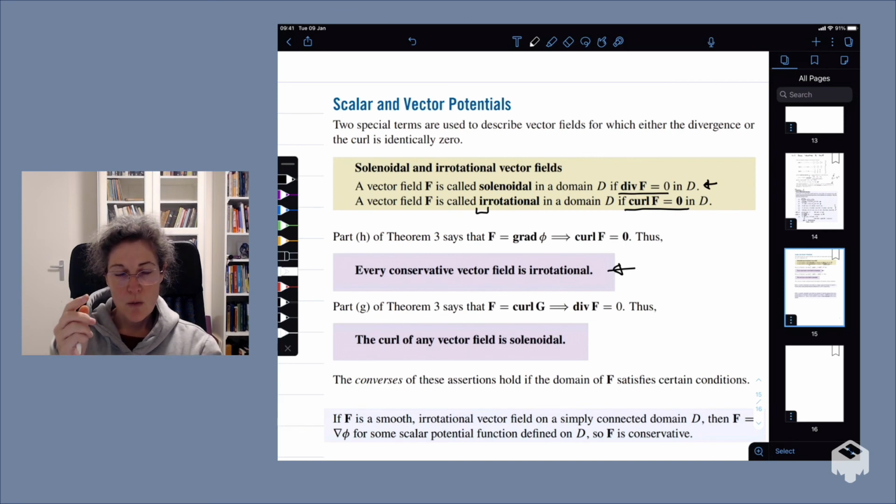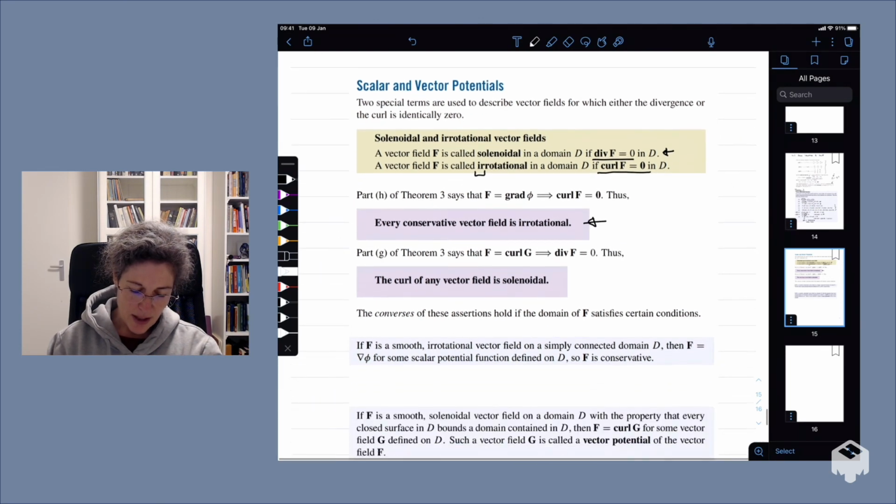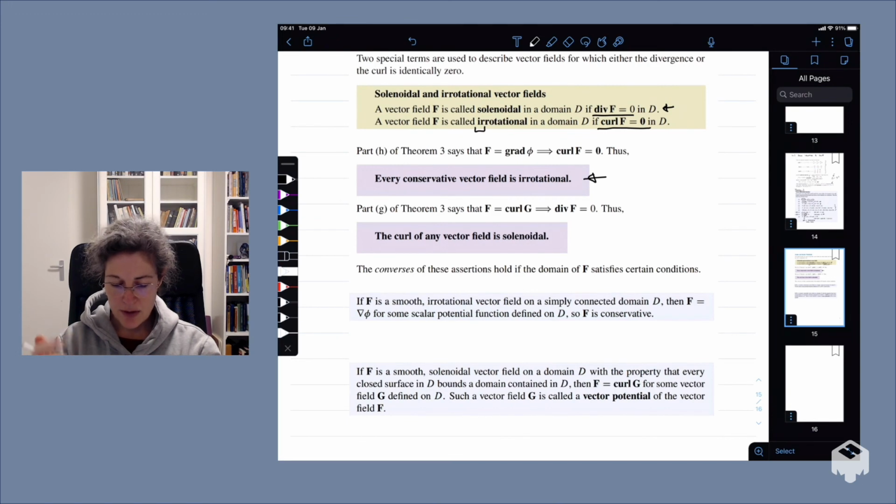So once you've taken the curl, you end up with something that is just rotating. There's no divergence there. And we have a couple of converses if our vector field satisfies certain conditions. So you can have a look at those.